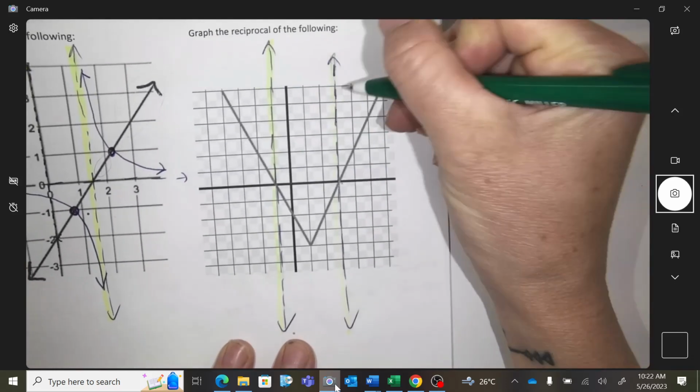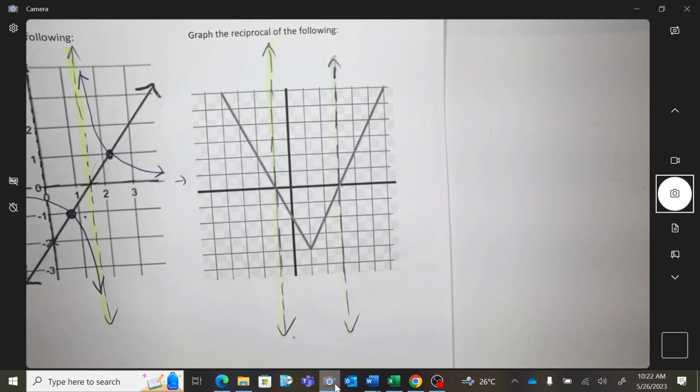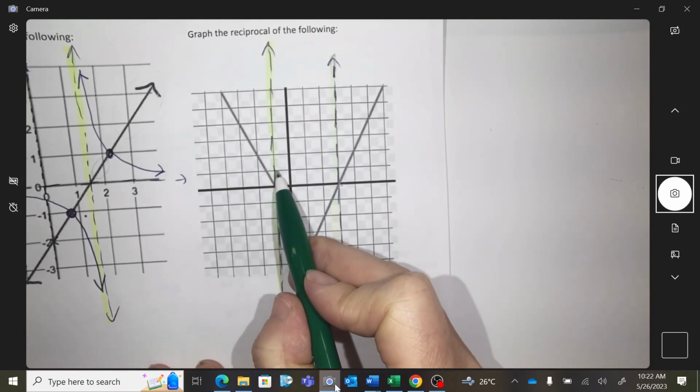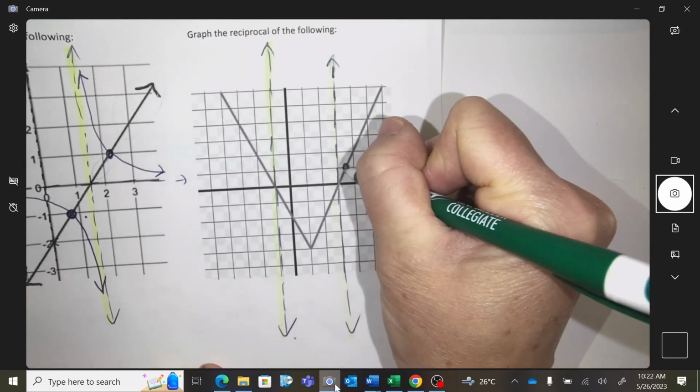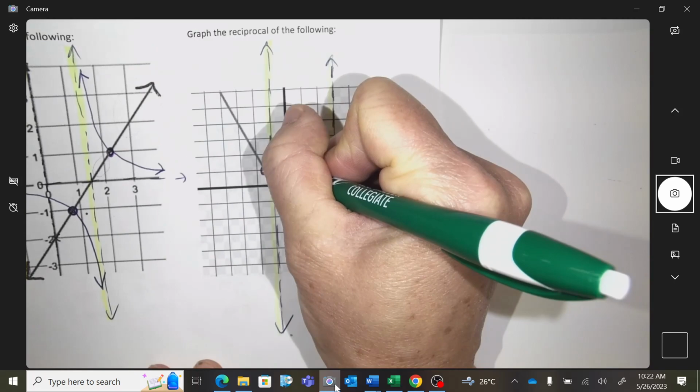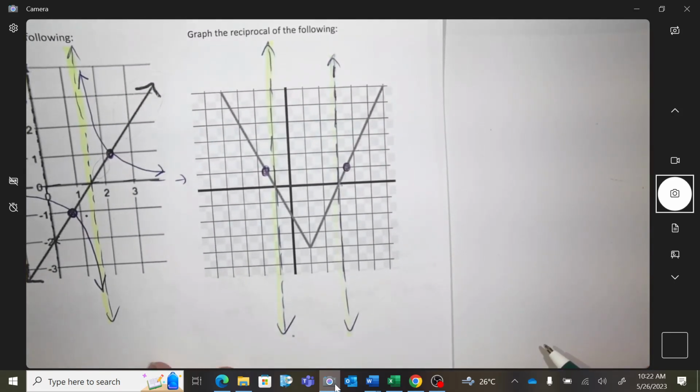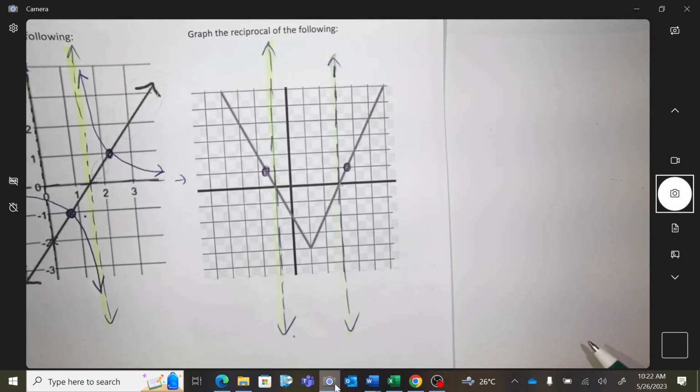Okay, step 2, where do you see a height of 1? So here's the heights of 1, so I'd be here and here. Same with the heights of -1.